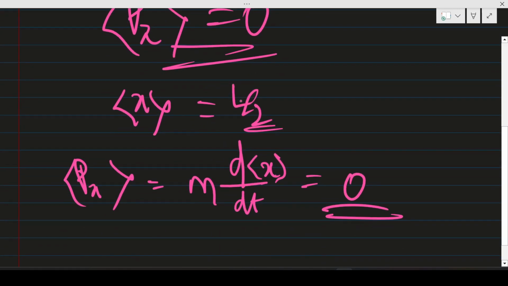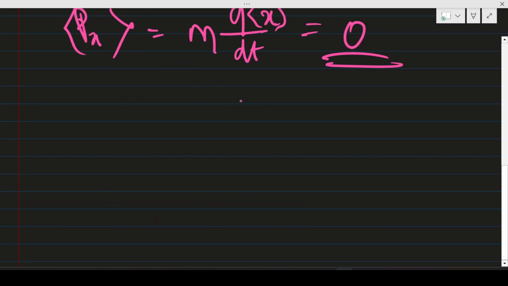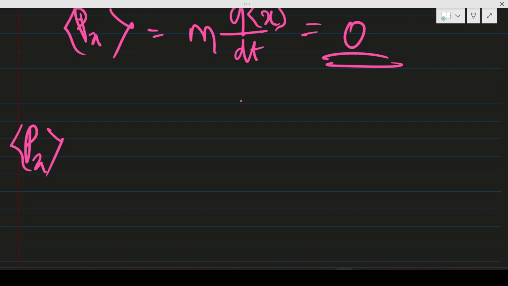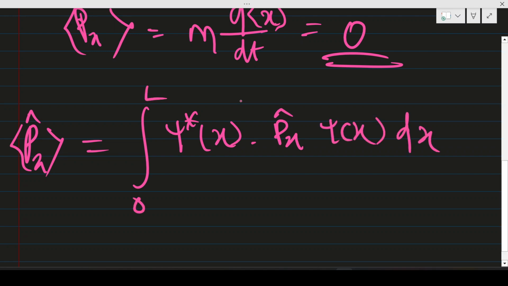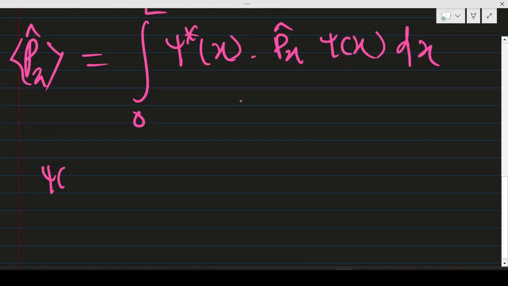If you don't know anything in this, just use the general formula for finding the expectation value of an operator. So the expectation value of the operator px cap is equal to the integration of psi star x into px cap into psi x dx, with limits as given, 0 to L. Now here psi x is what?